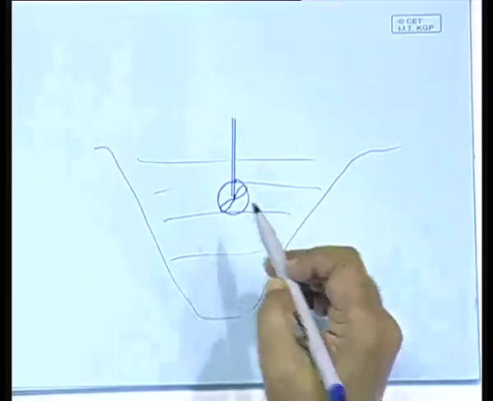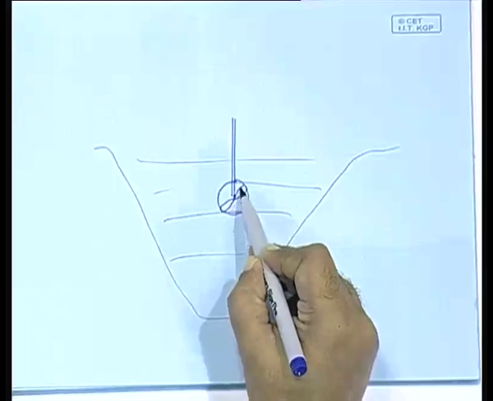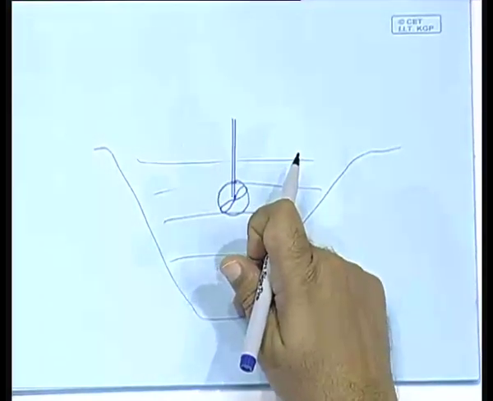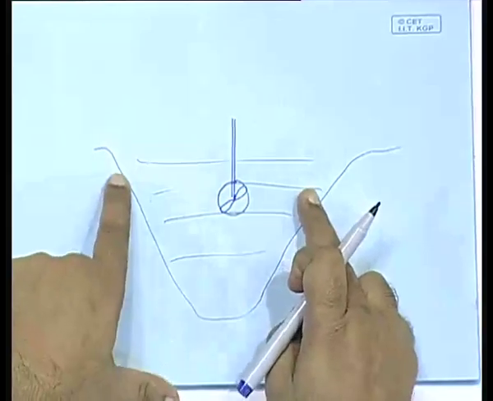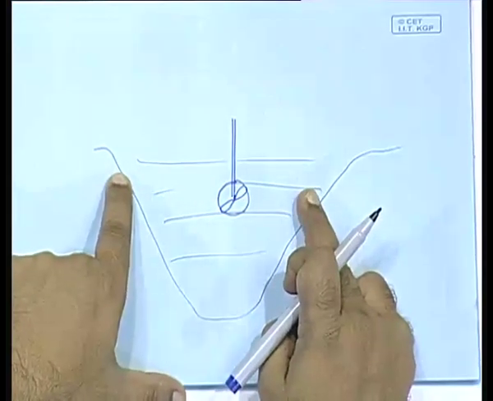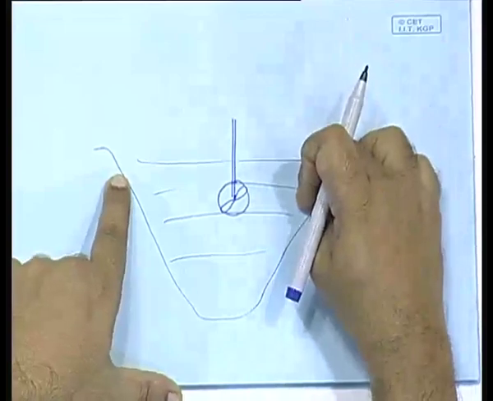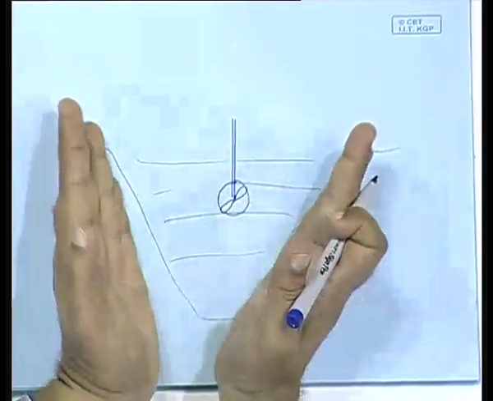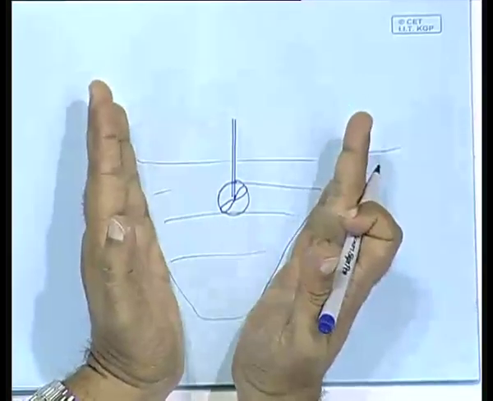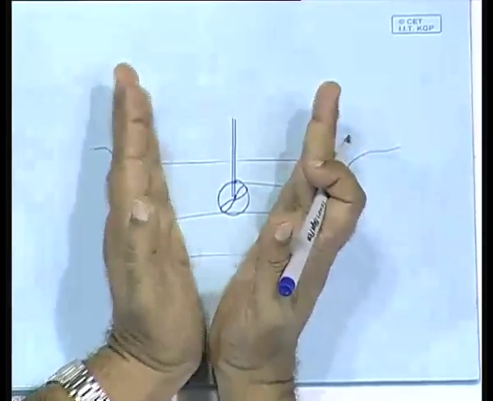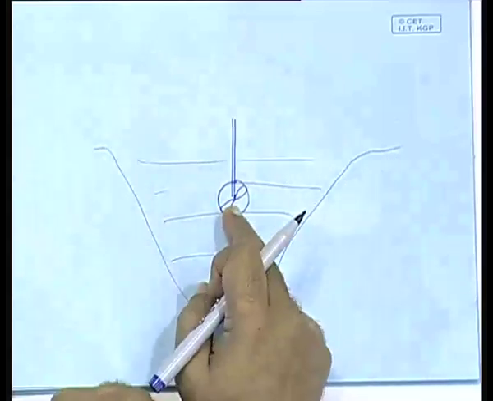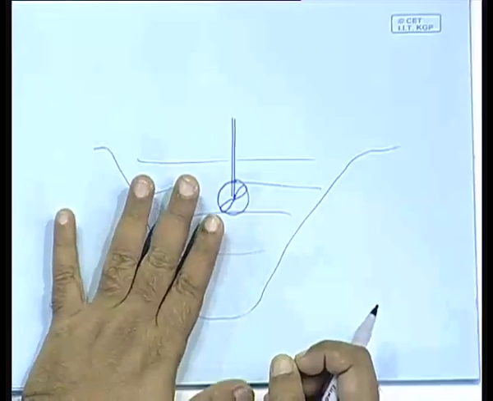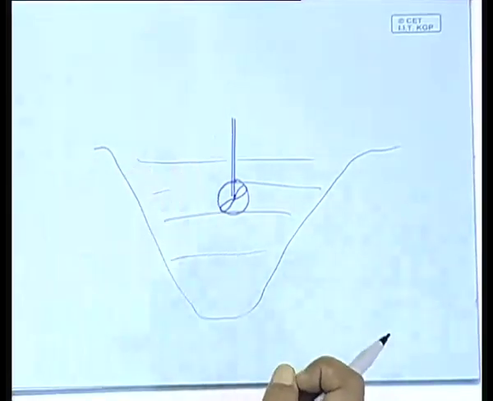Now the method is obviously to dip this to various levels and at various distances from the shore. Here the velocity will be one, here another, here another, and as you go from the surface the velocity will increase, and all that can then be measured. So using this, you can have an estimate of the average velocity.